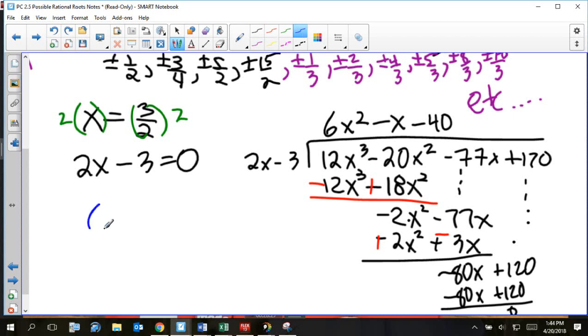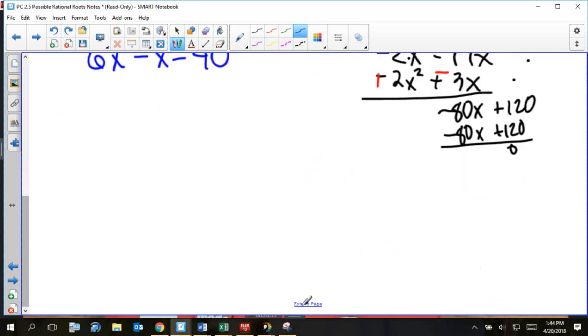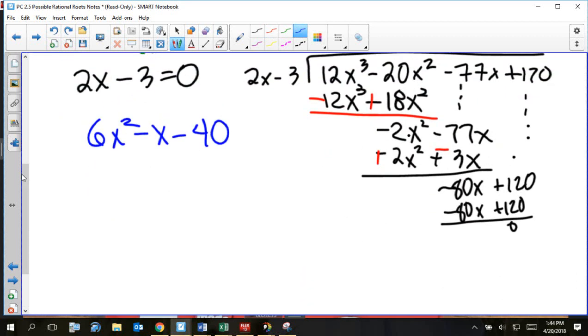So what's left is 6x squared minus x minus 40 equals 0.